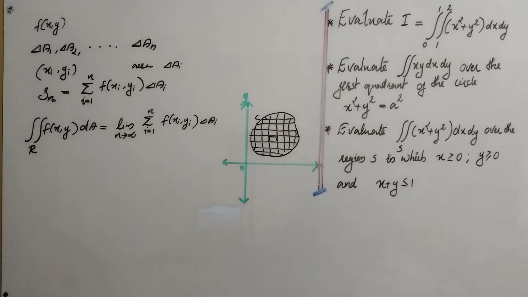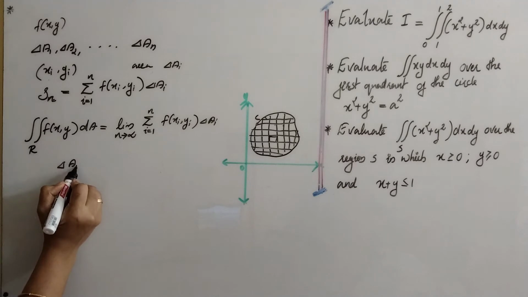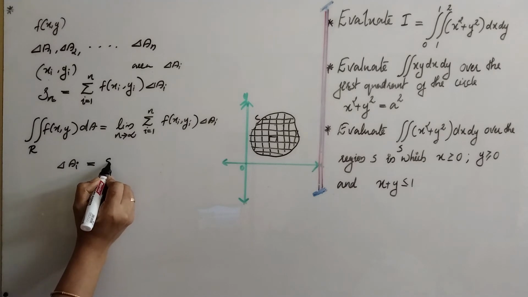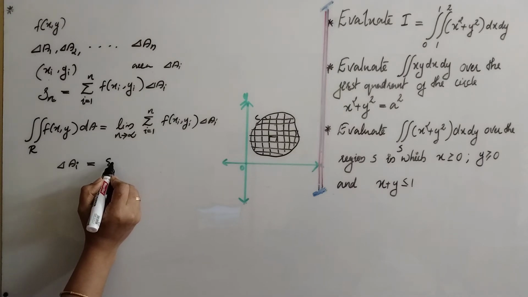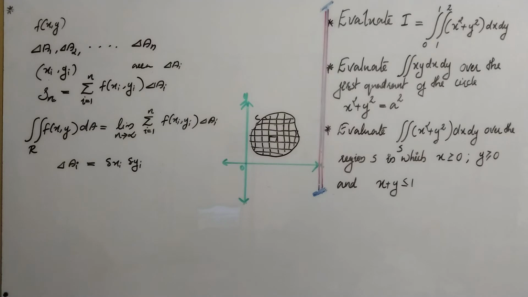Then the area of a typical rectangular grid is delta Ai is equal to delta xi into delta yi.